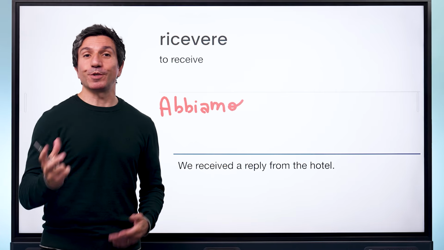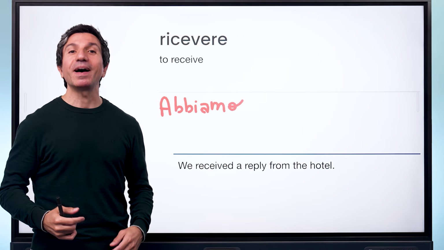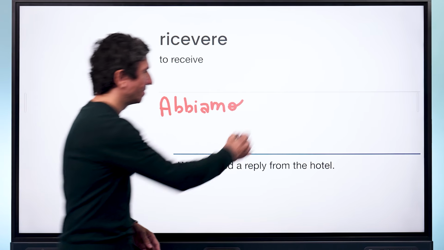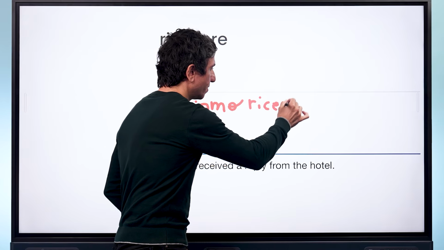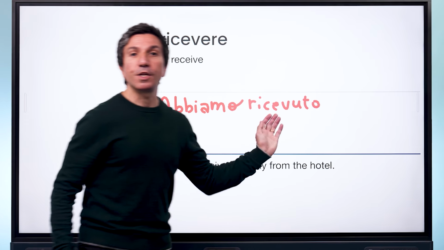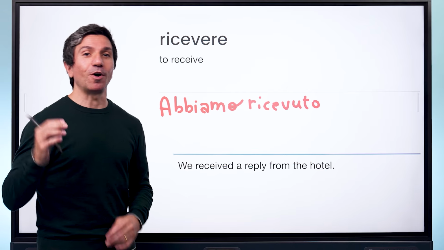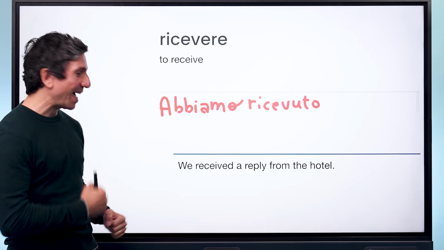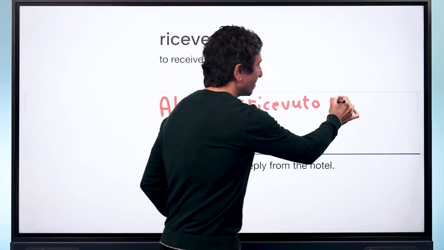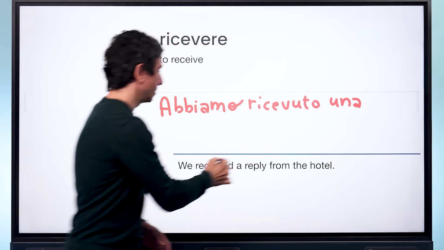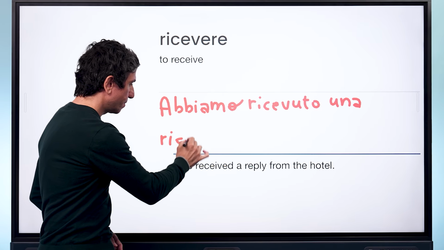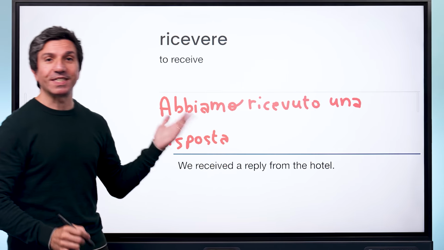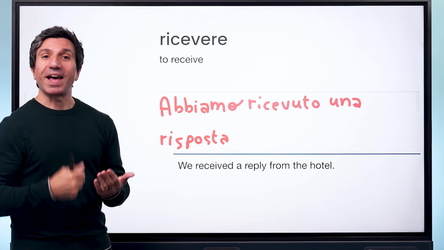Abbiamo, the first person plural present of the verb avere, meaning we have. Next, ricevuto, the past participle of the regular verb ricevere, meaning received, followed by una risposta, meaning a reply.